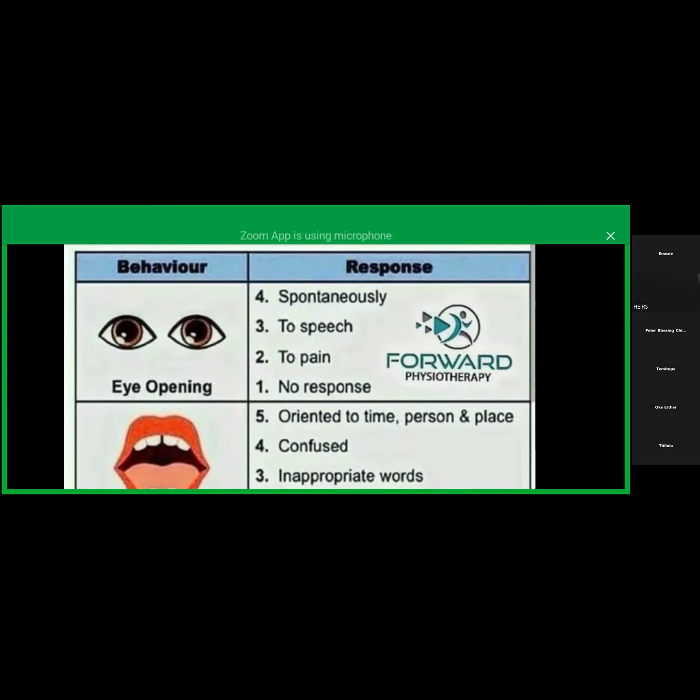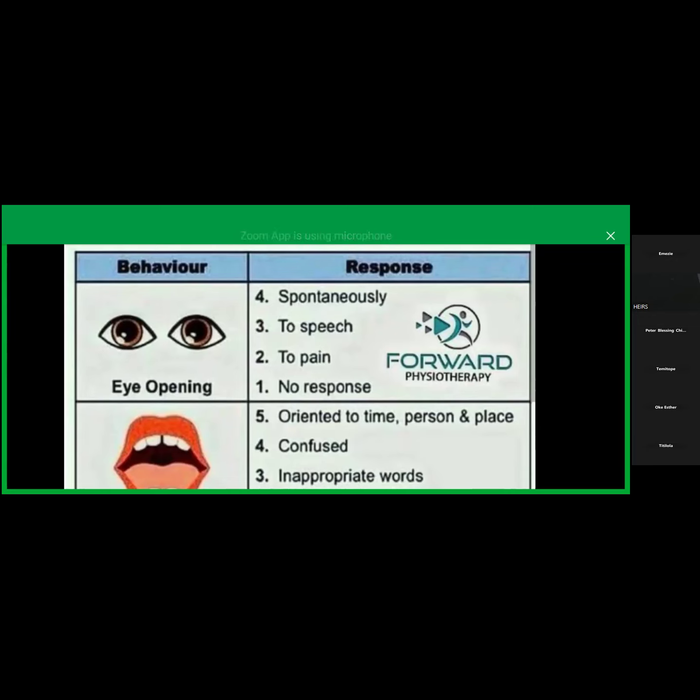Remember, 4 is if the patient's eye is open without calling the patient's name, without doing anything. But if we go into the ward, the patient's eye is not open, and we call the patient's name, Mr. Paul, and the patient opens his eye, that patient's eye opening is 3.